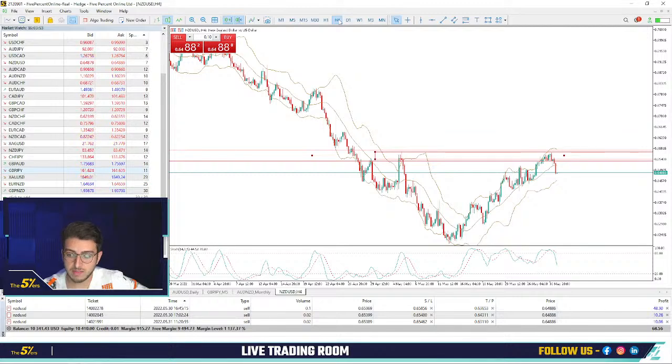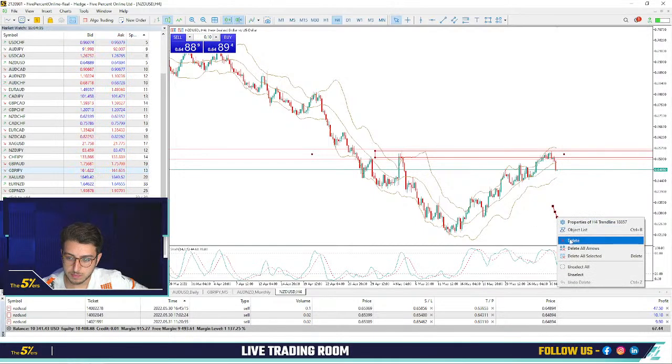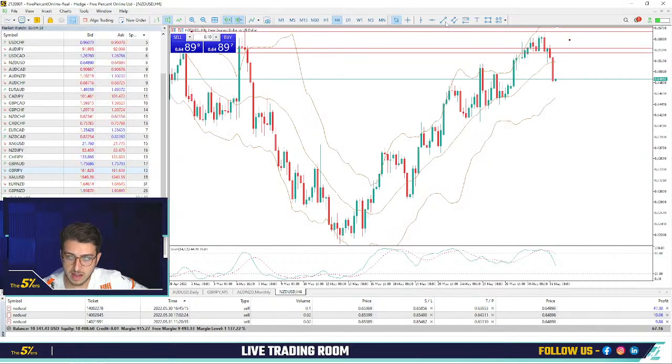We also have the structure that is not completely broken, but if you look at the H4, we have this huge uptrend here, and we actually break this structure.